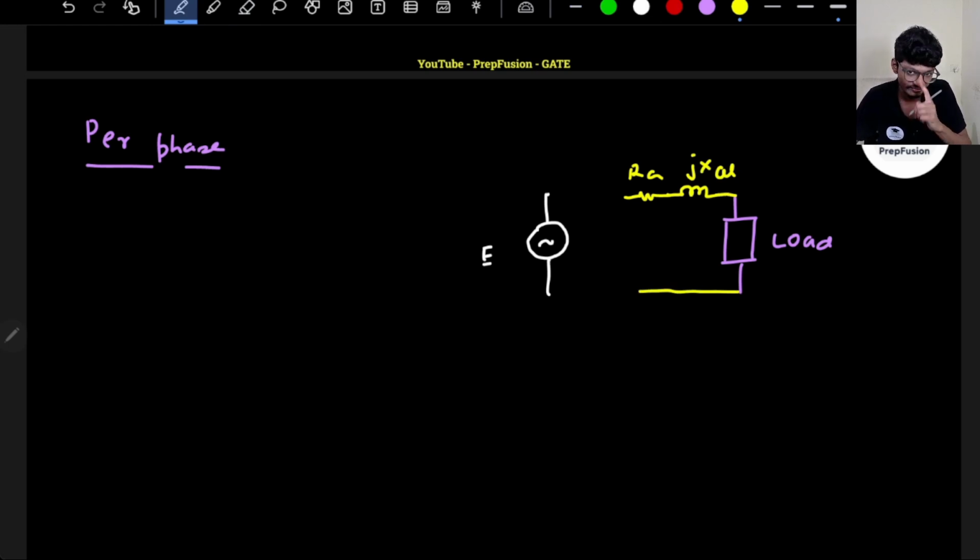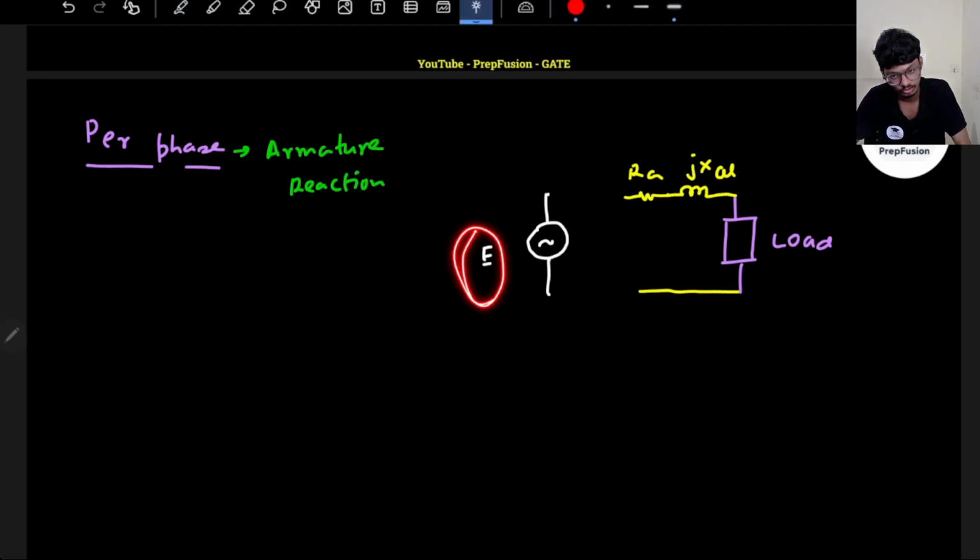Now one more effect we saw. What was that? That was the effect of armature reaction. Depending on the armature reaction, it can change the resultant air gap mmf, and if the resultant air gap mmf is changed, then the induced emf will also change. Basically I will get a different output voltage.